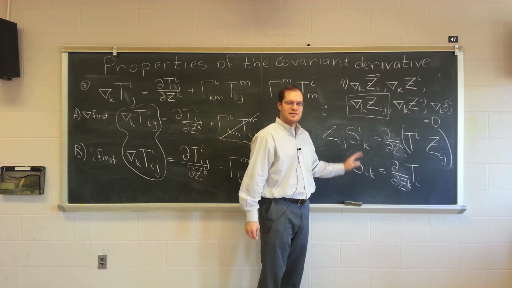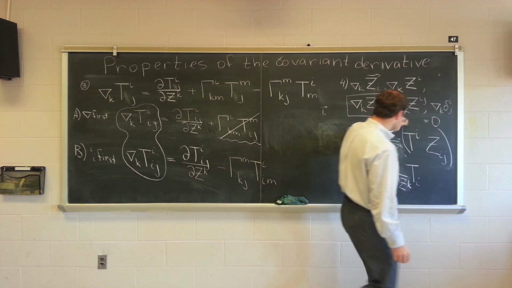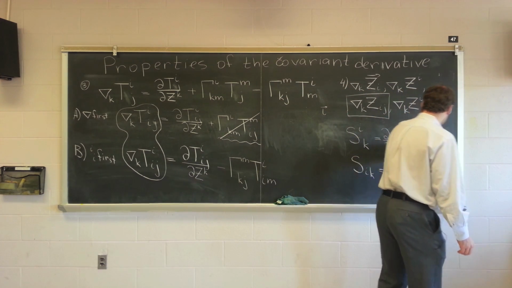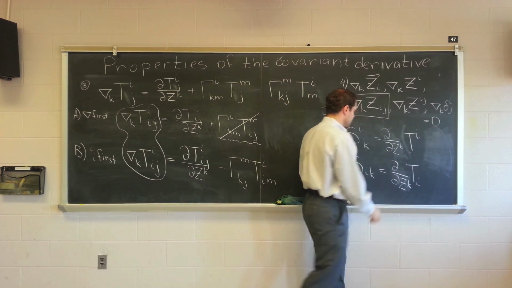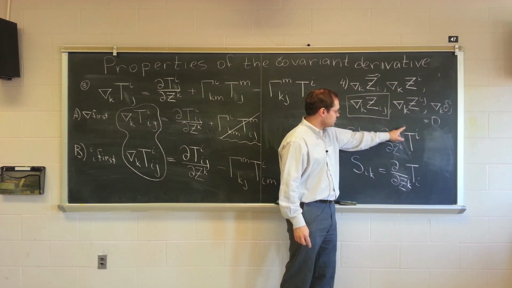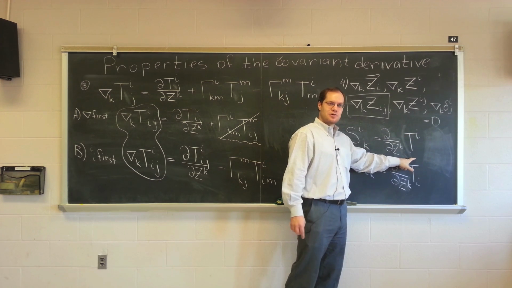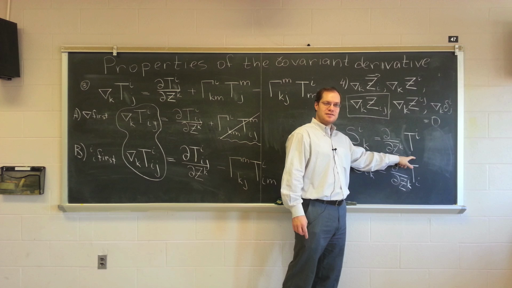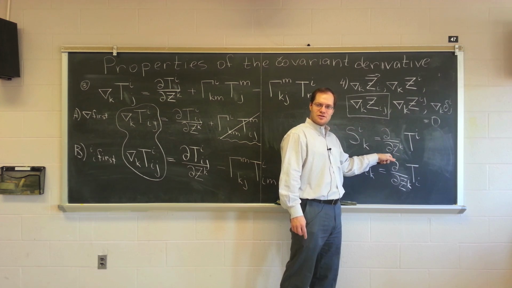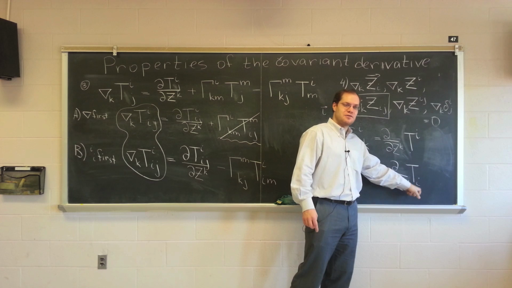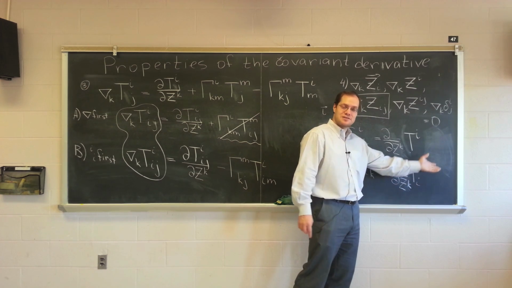Right, these two would have been inconsistent. You cannot go from what I have now on top to what I have now on the bottom. Because with a partial derivative, it matters very much whether you take the partial derivative first and then lower the index, which means take the partial derivative and then contract with the metric tensor, or do it in the opposite order, contract with the metric tensor first and then take the derivative, because the derivative of the metric tensor doesn't vanish.